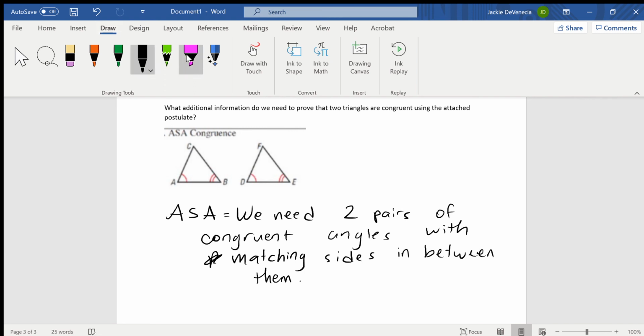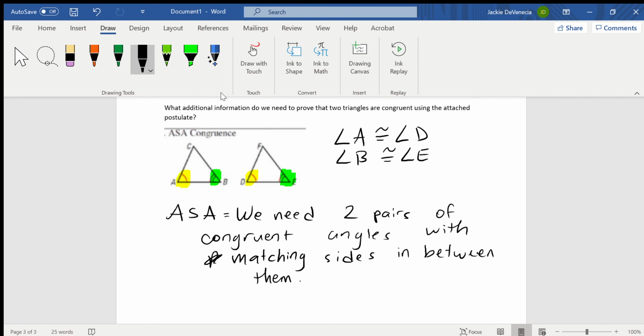So over here we have that angle. Sorry, hold on, let me highlight it. We have angle A matches with angle D, and then we have angle B is matching with angle E. So let me write that. Angle A is congruent with angle D. Angle B is congruent with angle E. Now, all we need is that side in the middle.